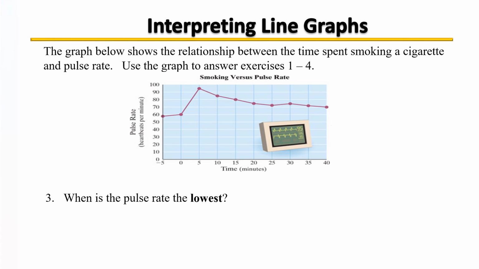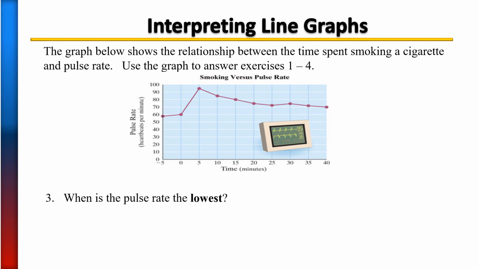Question number 3. When is the pulse rate the lowest? In this question, we were asked when, which means it's about time. So we want to look at our x-axis, which is time, to see at what point in time it was the lowest.